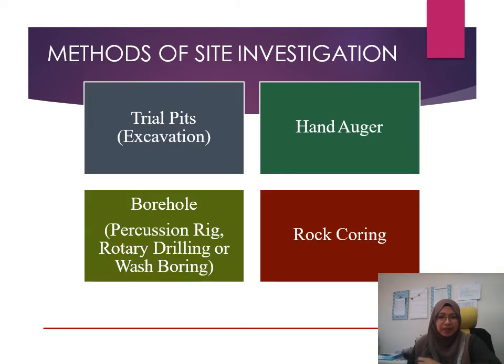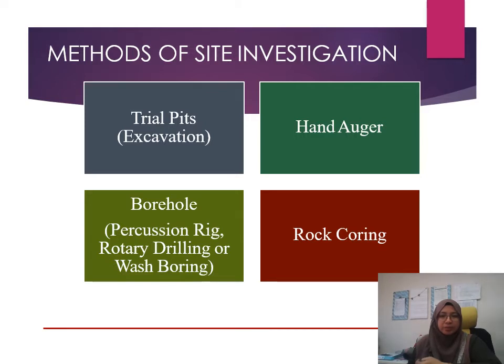Next is methods of site investigation. Methods of site investigation are methods of how you explore your site to get all of the detailed soil or rock information that you have on your site. There are various types of methods of site investigation. Number one is trial pit. Trial pit is a simple procedure, done by excavation.